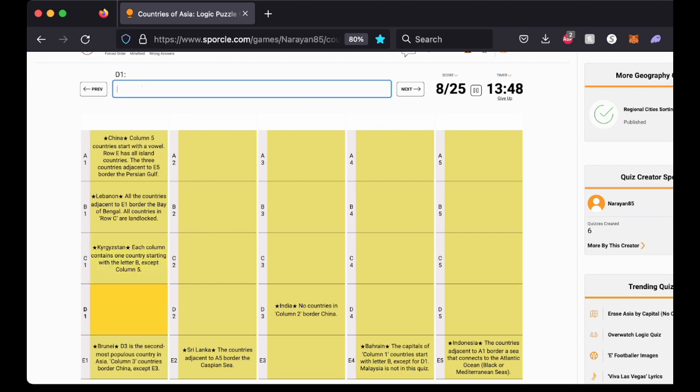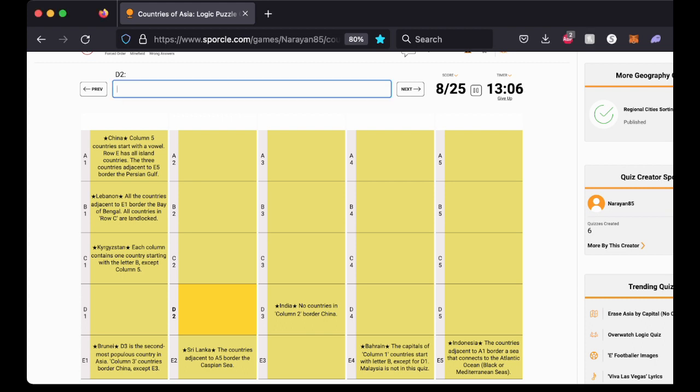Kyrgyzstan. Each column contains one country starting with the letter B except column 5. Okay. Guess those all start with a vowel. Okay. So, what other country borders the Bay of Bengal? It would be India. It's not Bangladesh. Bangladesh can't be here because we already have one B. So that would almost say that Bangladesh would be D2.